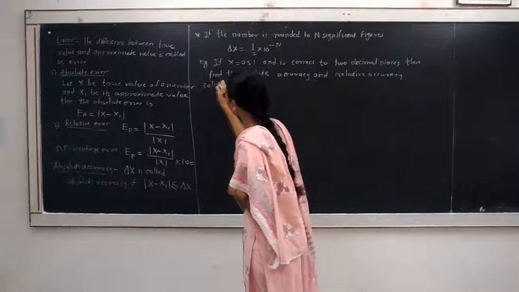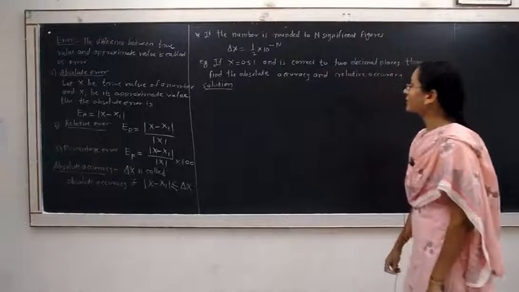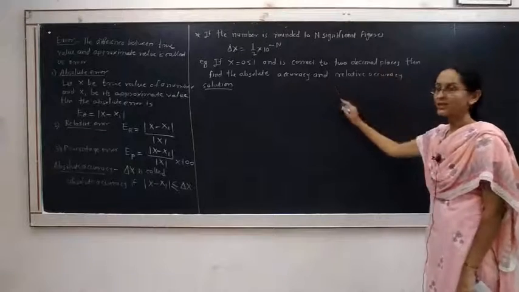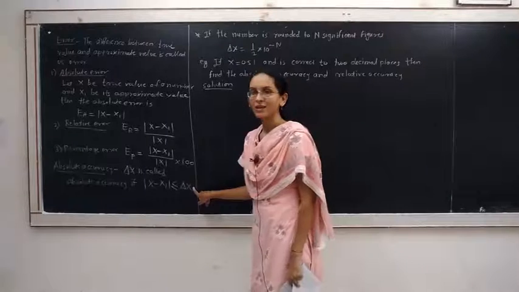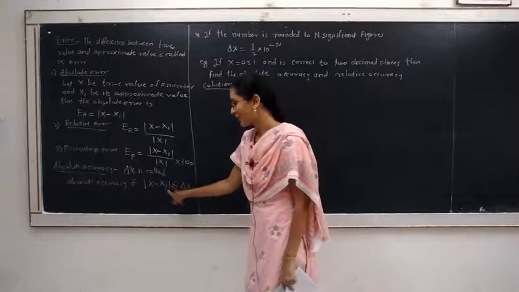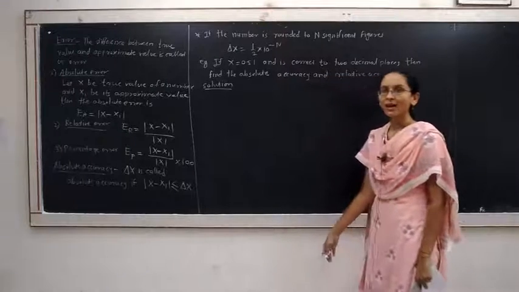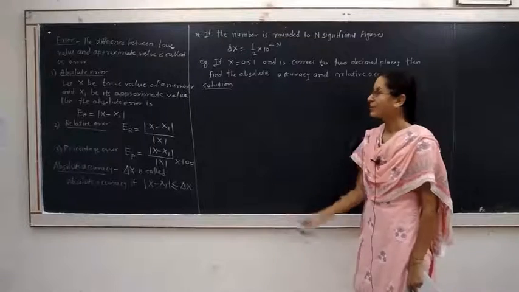Solution: x is equal to 0.51 and is correct to two decimal places. The absolute accuracy is delta x, where delta x is the upper bound of the absolute error. Mod of x minus x1 is less than or equal to delta x, so delta x is the upper limit for the absolute error, and it is called the absolute accuracy.